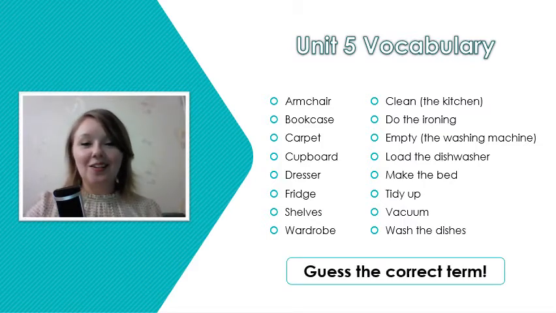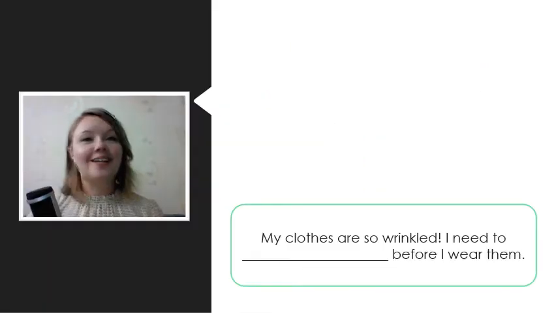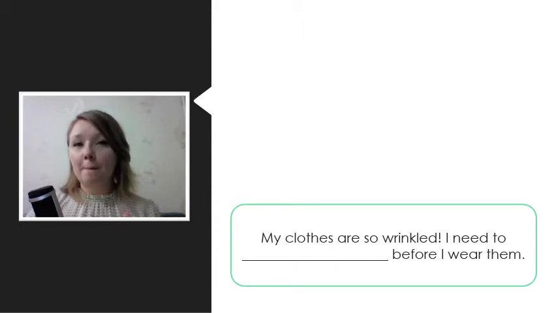So now let's go ahead and see if we can guess the correct term. We're going to look at some pictures and fill in the blanks with the correct vocabulary terms. Let's take a look at number 1. My clothes are so wrinkled. I need to before I wear them.